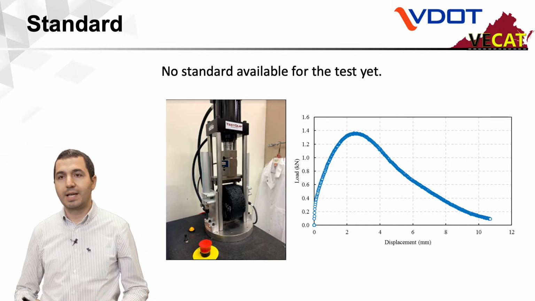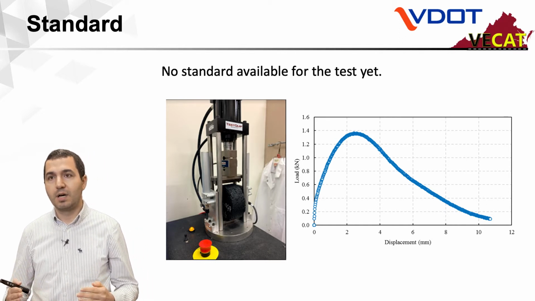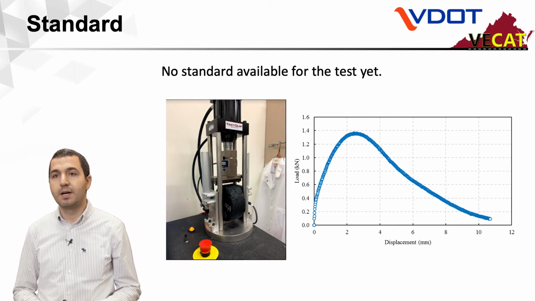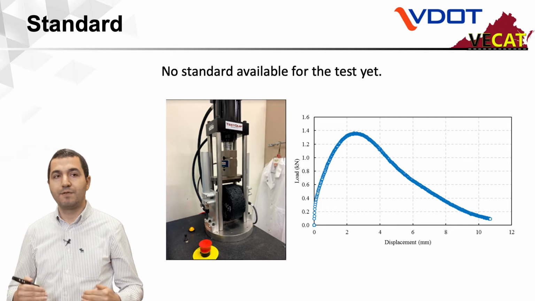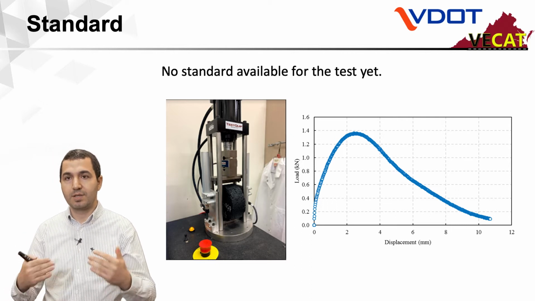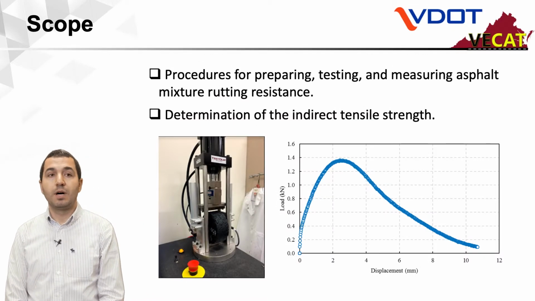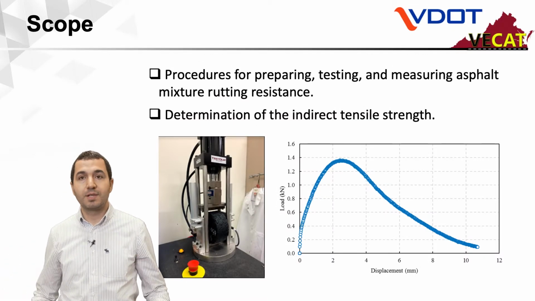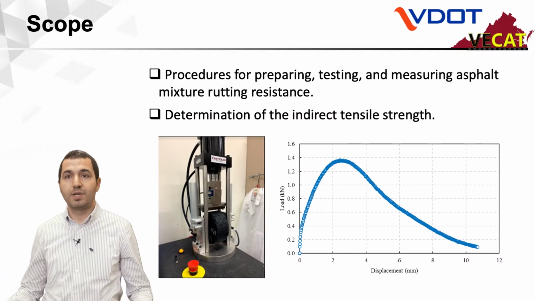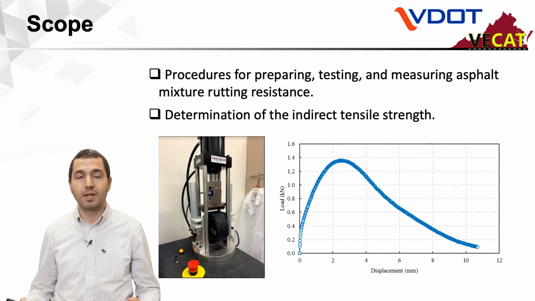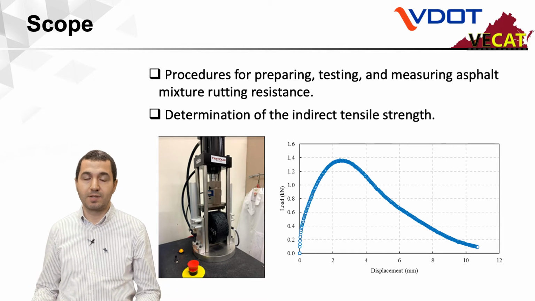However, this test resembles a cracking test in so many ways. So I modified that standard to reflect this test here. The scope of this test is to cover procedures for preparing, testing, and measuring asphalt mixture rutting resistance and determination of indirect tensile strength.